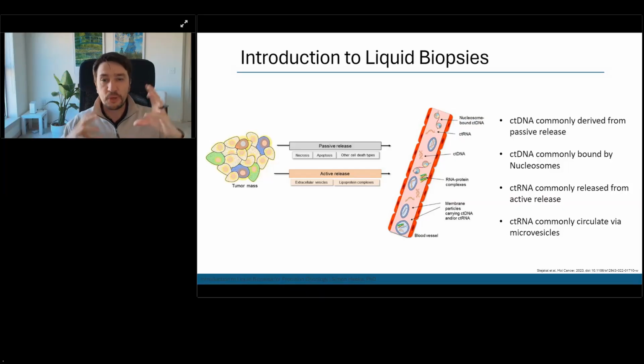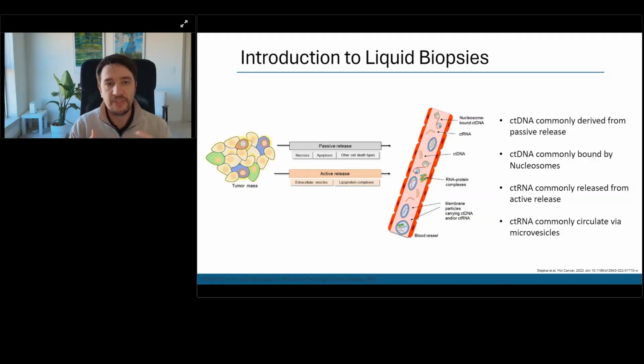And in fact, there are two processes that are happening, all of them in parallel. One is really a passive release of those biological materials, for example, because cells are dying via apoptotic or necrotic processes. But there is also an active release, for example, by the spreading of extracellular vesicles and other tumor-derived material.